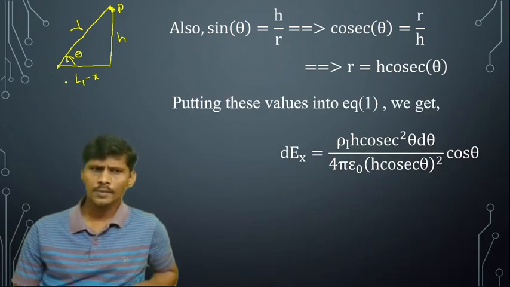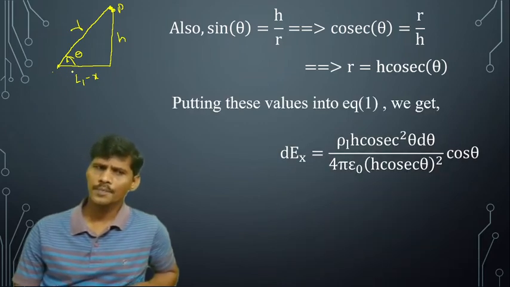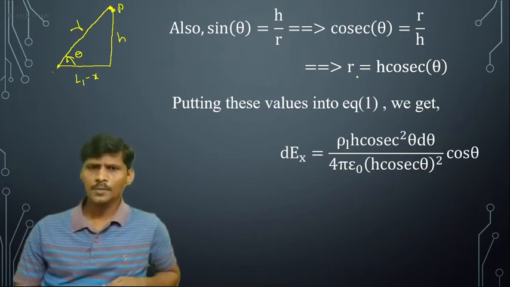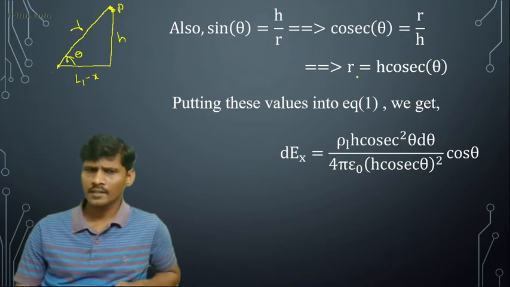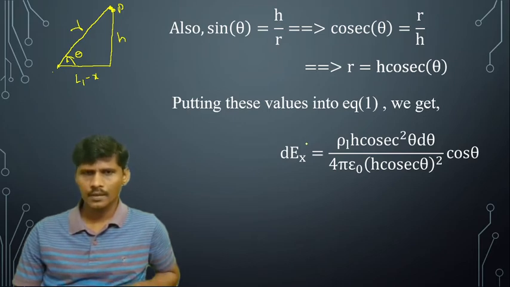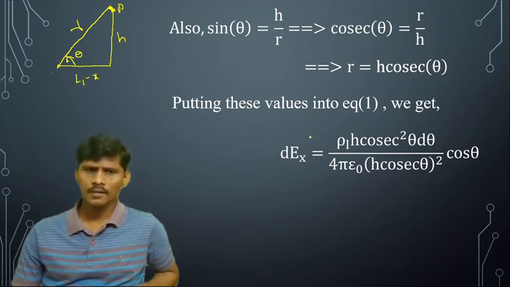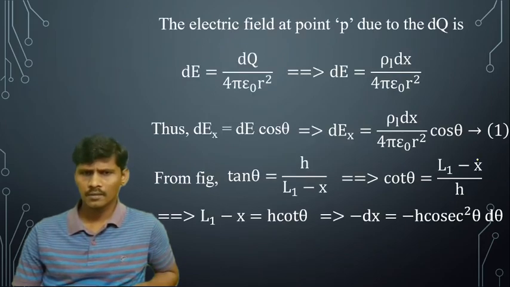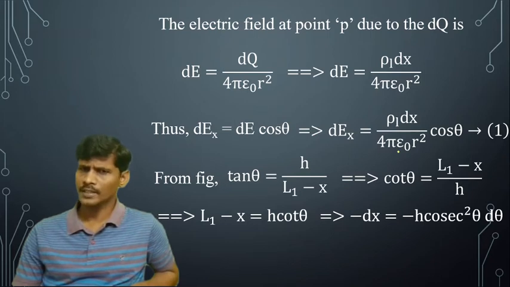And from the same figure, cos theta is equal to adjacent side by hypotenuse. Substitute the dx and small r values into equation 1.